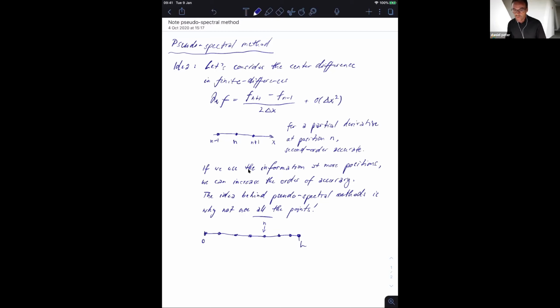For the time derivative, we still use a finite difference approximation, like the central schemes for the time derivative. We stick to that, we leave that, but now focus on the spatial derivative.